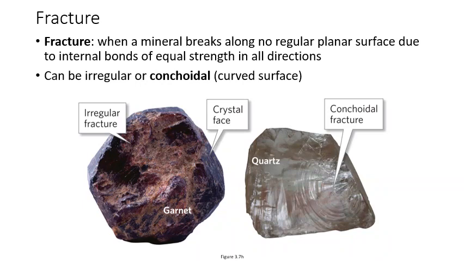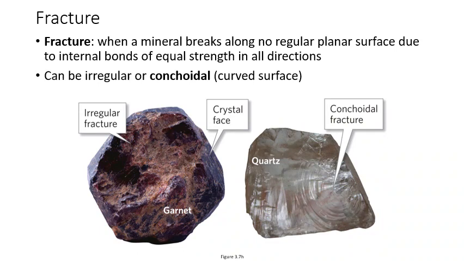One specific type of irregular fracture is called conchoidal fracture, and this is where it produces a curved surface with these sort of lines or circles surrounding the break, the focal point of the break. Importantly, quartz and glass have this conchoidal fracture because of the silica bonds that are present.